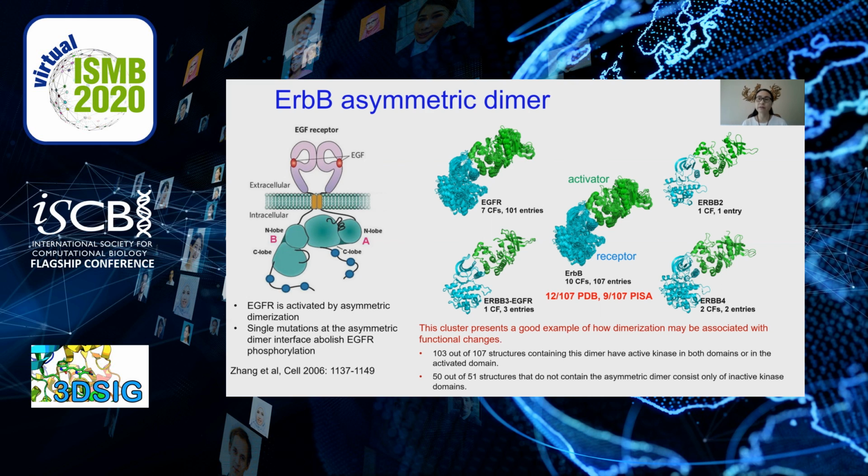On the other hand, 50 out of 51 structures that do not contain this dimer consist only of inactive kinase domains. So this cluster presents a good example of how dimerization may be associated with functional changes.